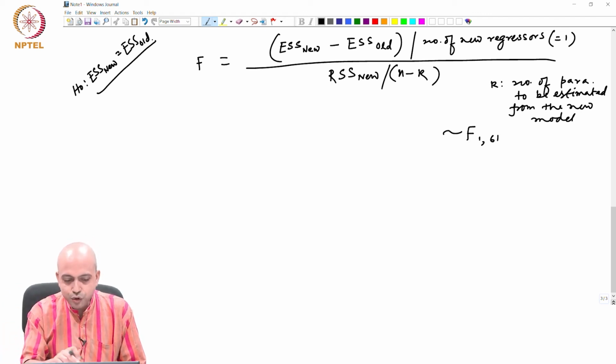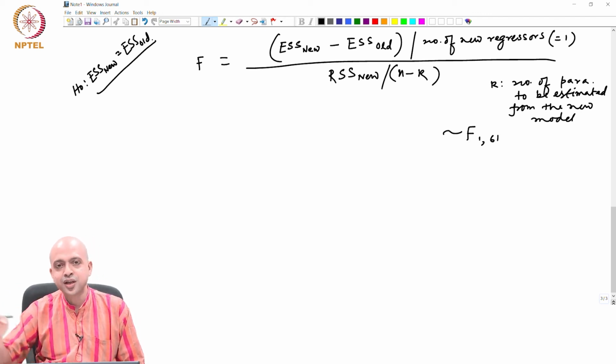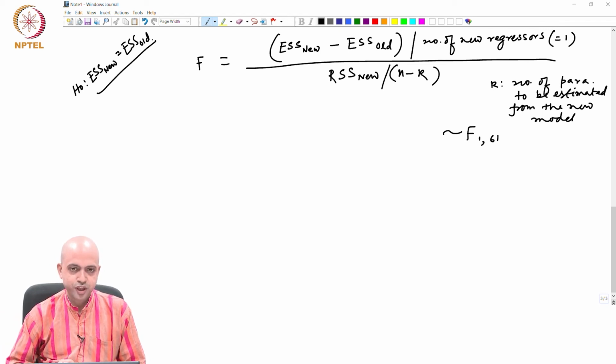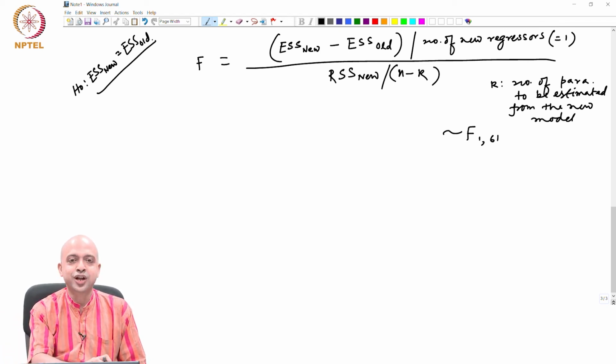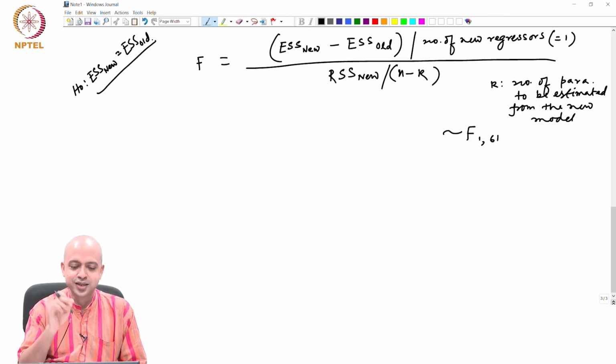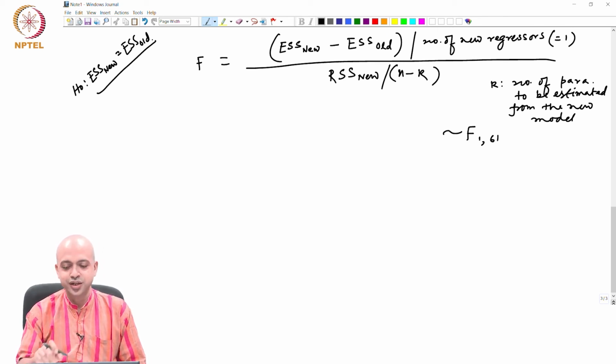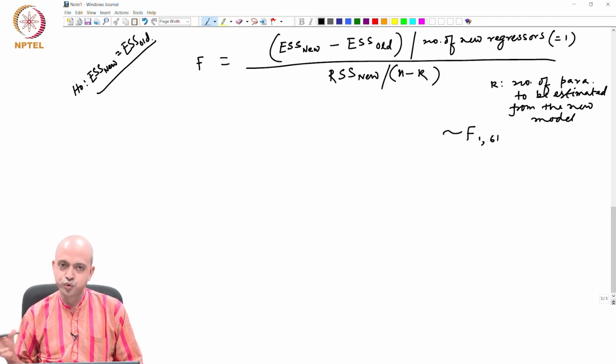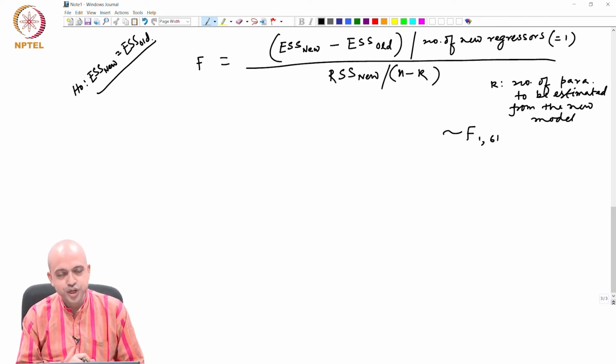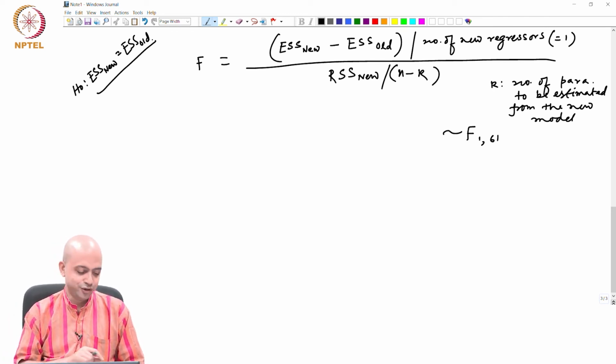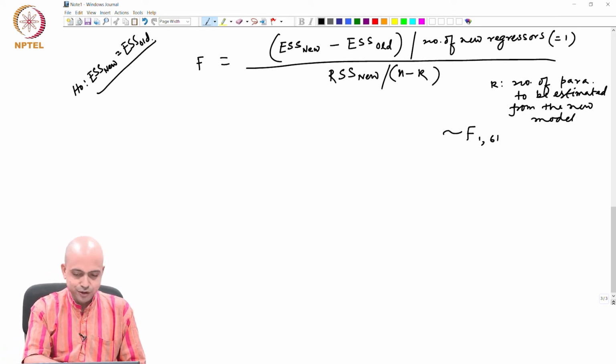Then we can reject our null hypothesis and say that ESS new is significantly higher than ESS old. That means we should add PGNP also in the model. That is the logic.